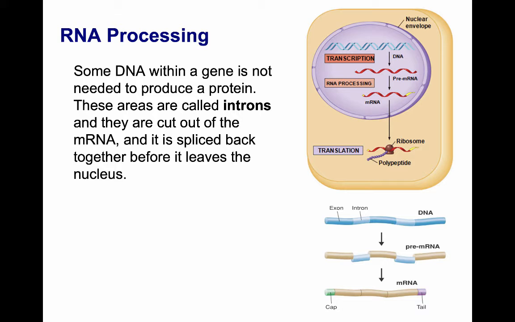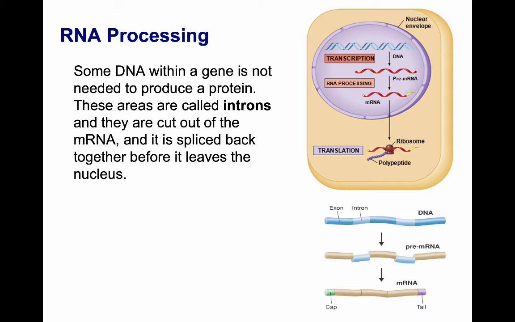And those parts are called introns, which is short for intervening sequences. And the introns have to be removed so that we get the correct recipe for building a protein. And that process happens inside the nucleus.